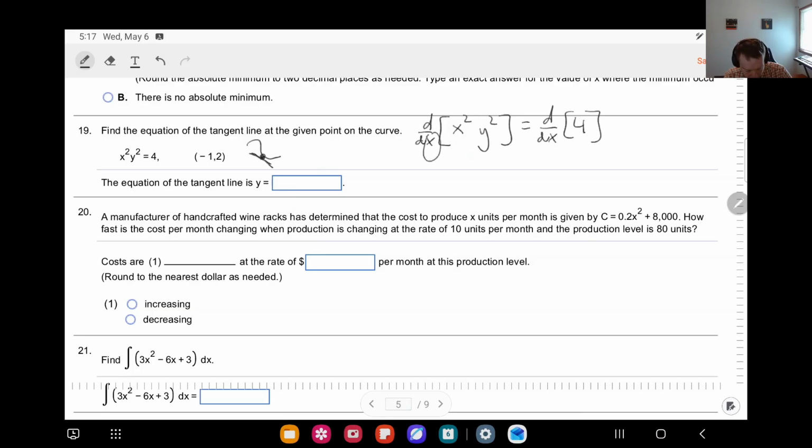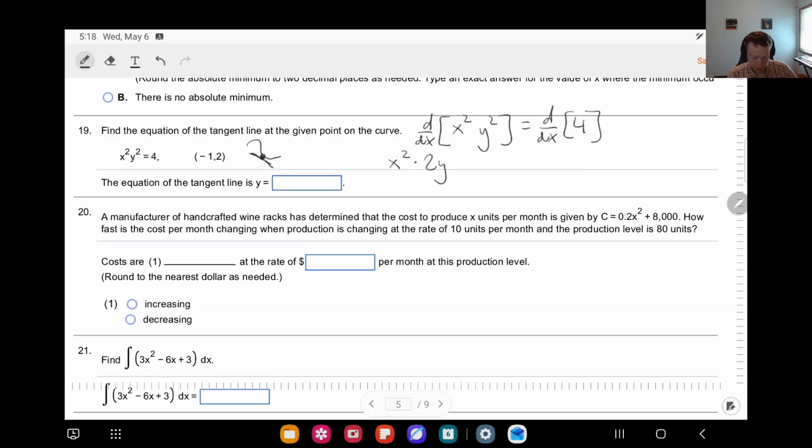So I'm taking the derivative with respect to x, but remember that y depends on x, so it will be affected by this. That means I have to do a product rule here. So x squared times the derivative of y squared, start there.